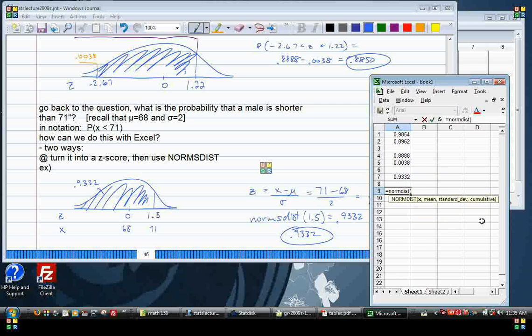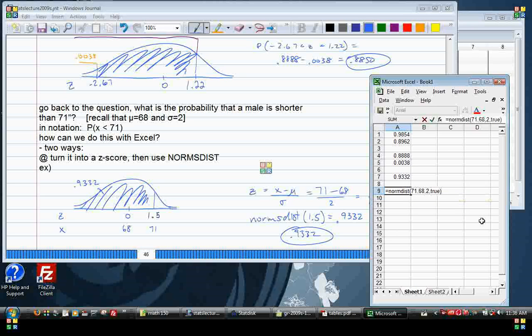In this last problem, what was our data value? 71. Comma. Mean. What was the mean? Comma. Standard deviation was 2. Comma. Cumulative. Always put true. Don't ask. And when I hit enter, what is it going to say?